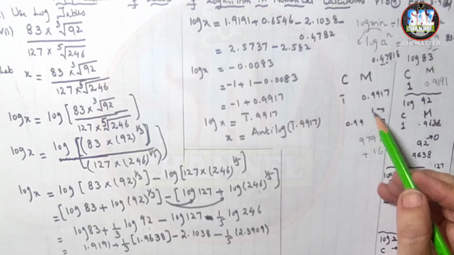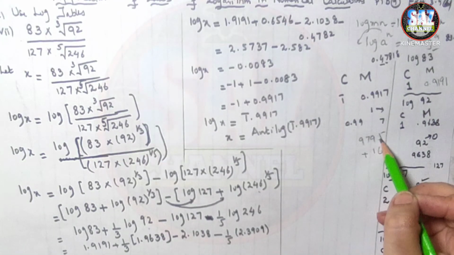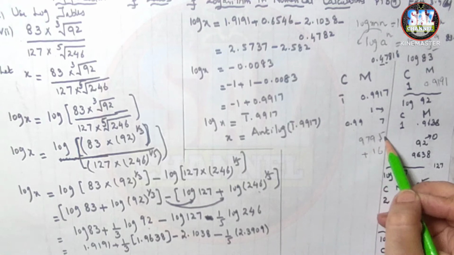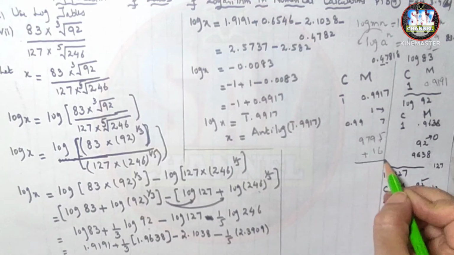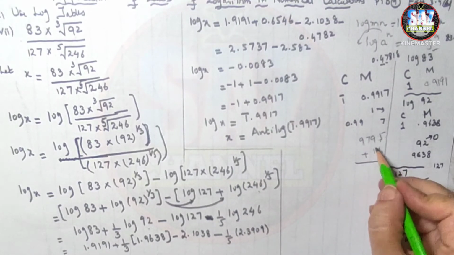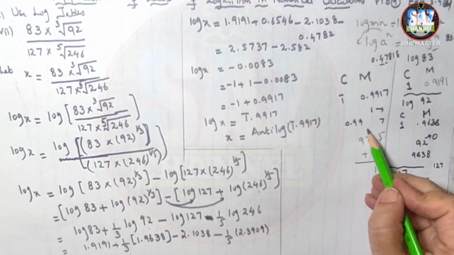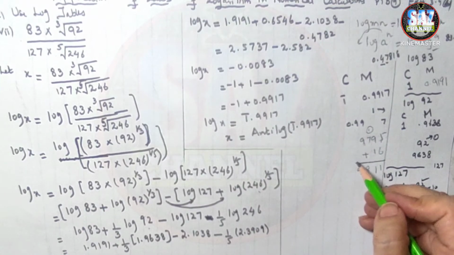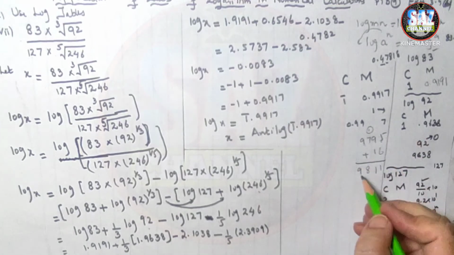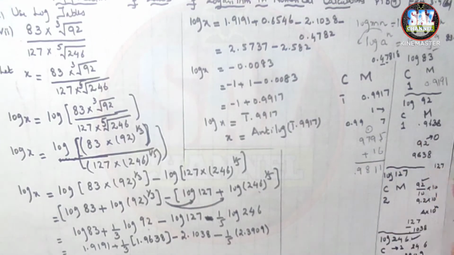When I check 0.99 in the column of 1, I get 9795, and in the mean difference column of 7, this gives me 16. Add them up: 6 and 5 is 11, 9 and 1 is 10 and 1 is 11, 7 and 1 is 8 and 9, 9811, and this is in the form of a decimal.